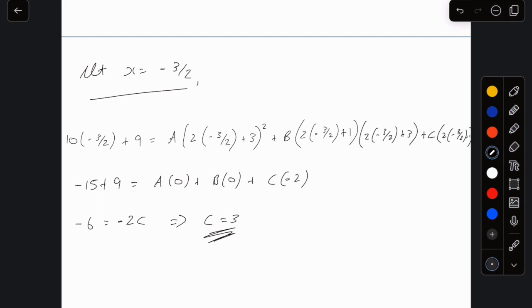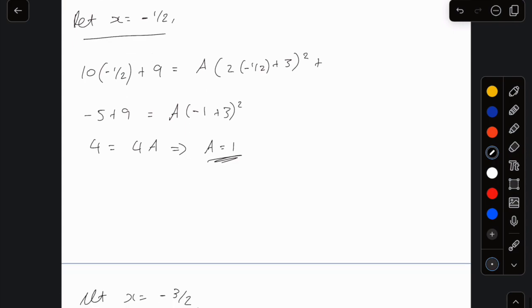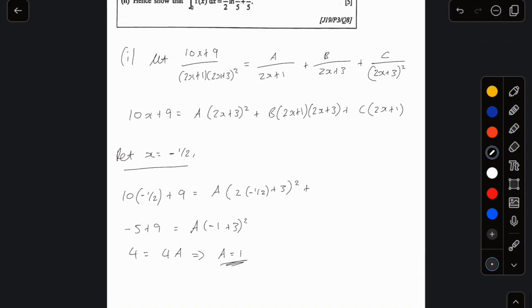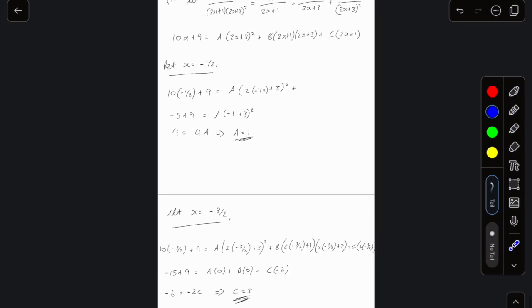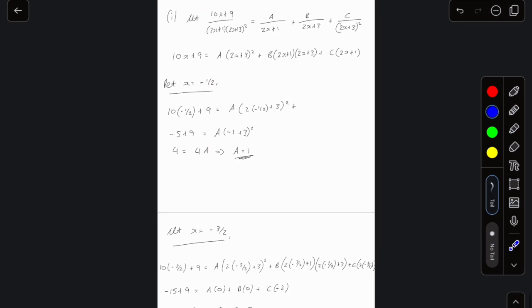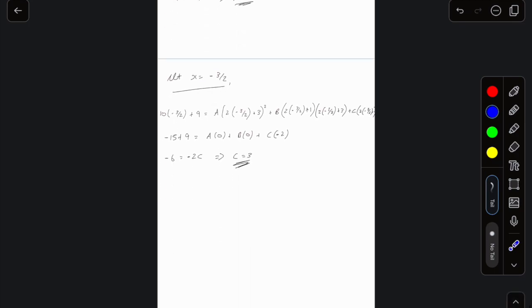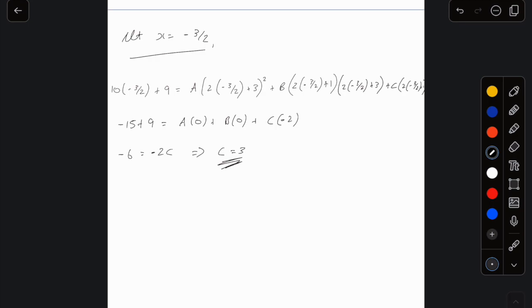Alright, now we've got C and we've got A, but now we need B. How are we going to get B? Well, a good way is to let x equal 0. If we let x equal 0, we're just going to have constants, so therefore we can find B. So let x equal 0.